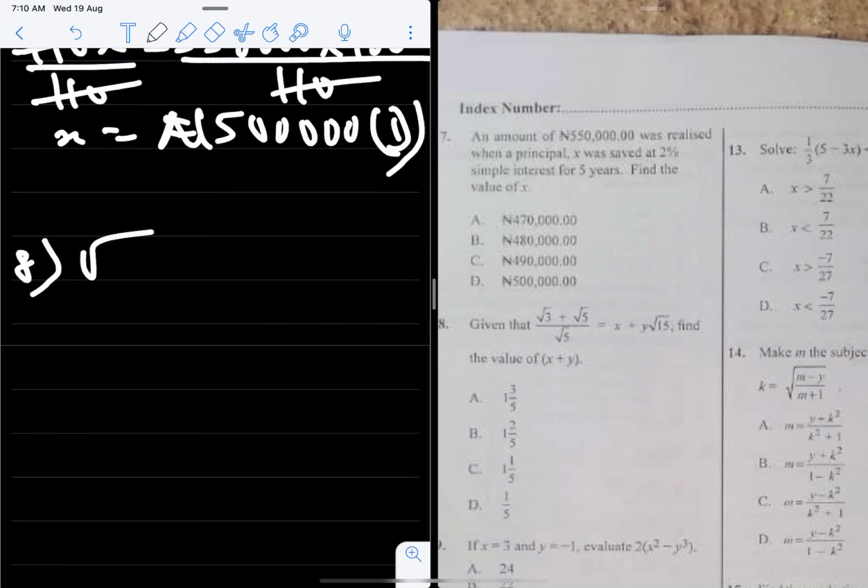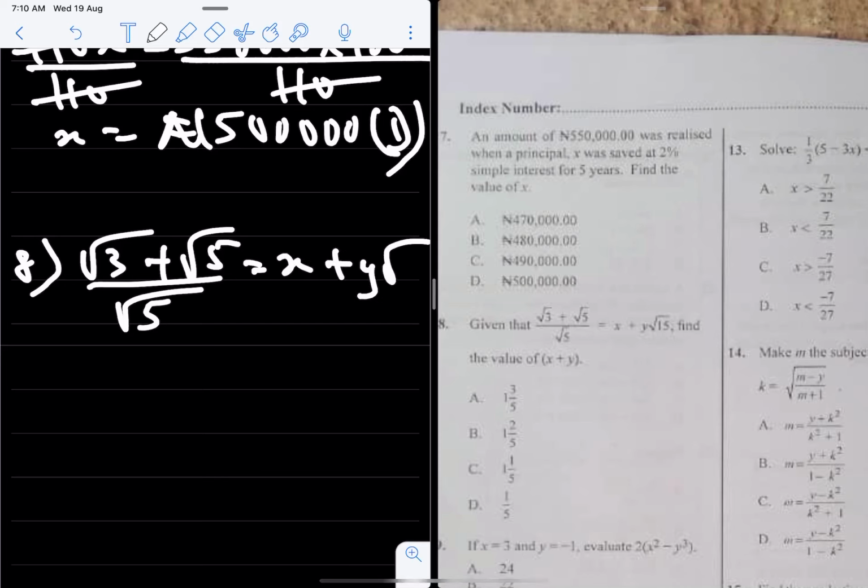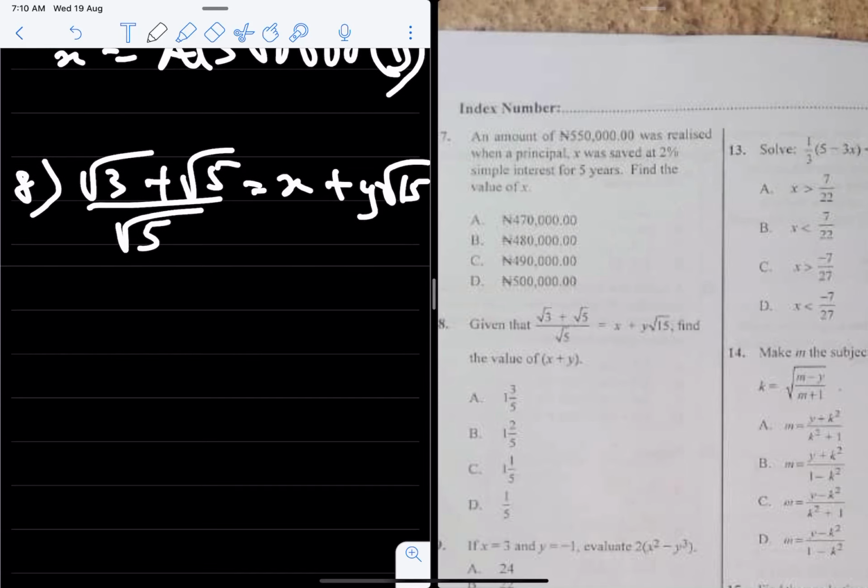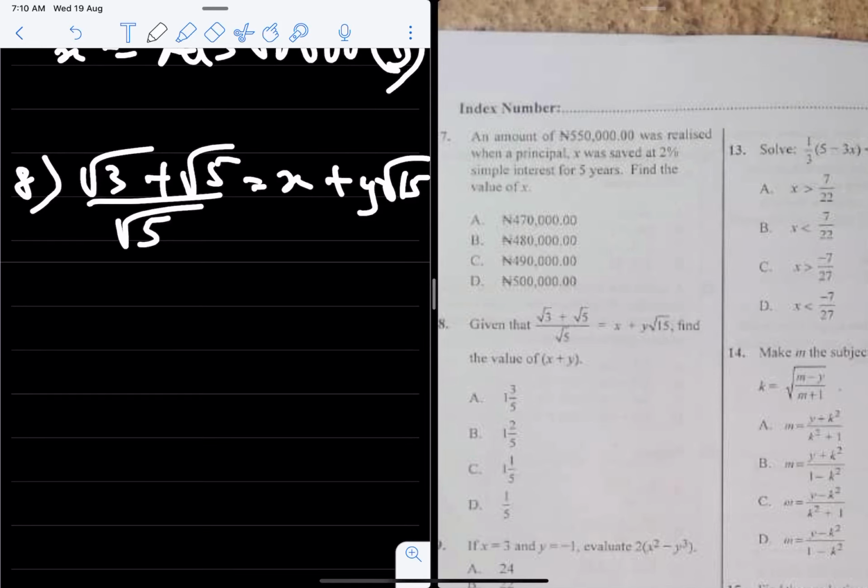Given square root of 3 plus the square root of 5 over square root of 5. Given that this is equal to x plus y root 15. Find the value of x plus y. That simply means find x and y and then their sum.